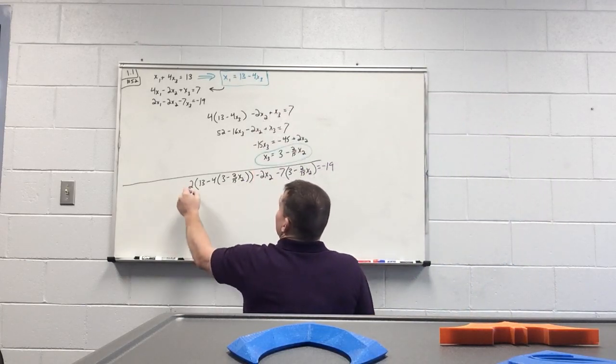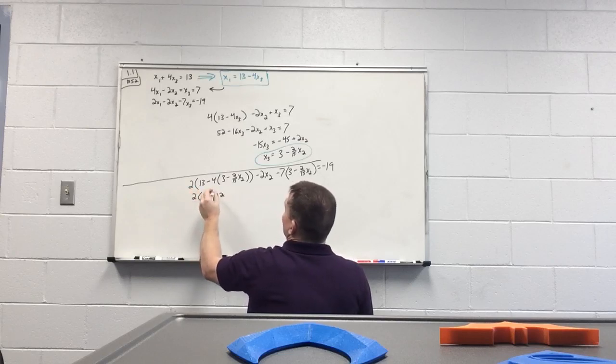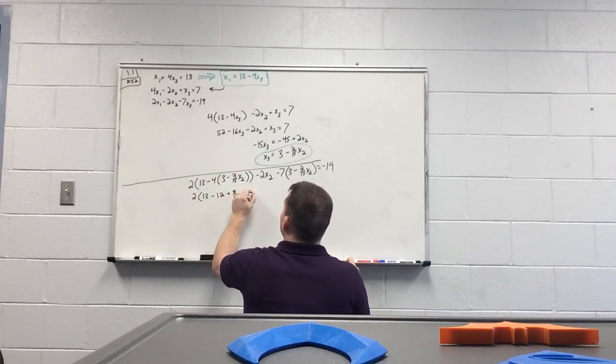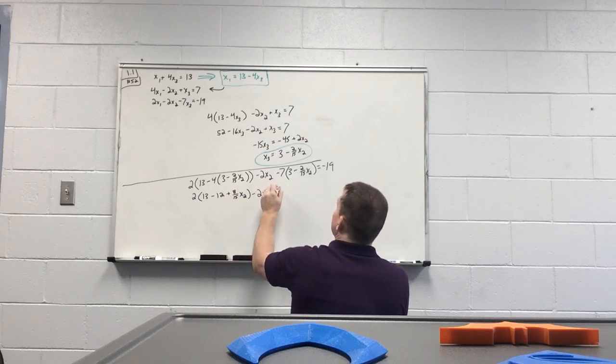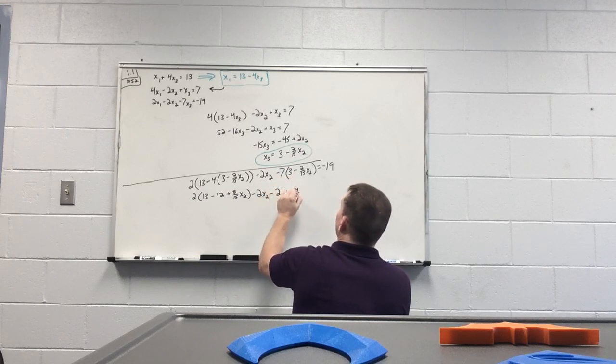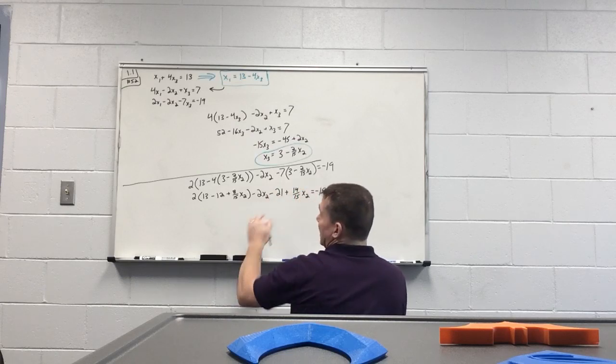So let's see. 13 minus 4 times 3 is minus 12. Negative 4 times negative 2/15 is positive 8/15 x sub 2, minus 2x sub 2. Negative 7 times 3 is negative 21. Negative 7 times negative 2/15 x sub 2 is positive 14/15 x sub 2 equals negative 19.